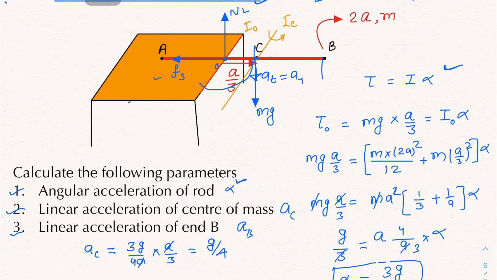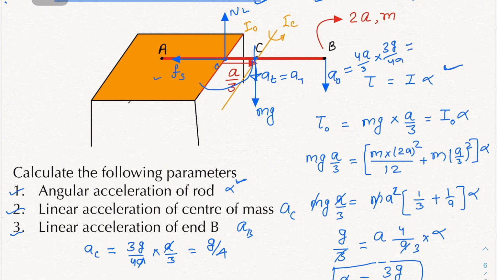What about B? B will also have acceleration in a tangential direction, parallel to g. The acceleration of B is the radial distance multiplied by alpha. What is the radial distance? a plus a/3, which is 4a/3, multiplied by alpha, 3g divided by 4a.